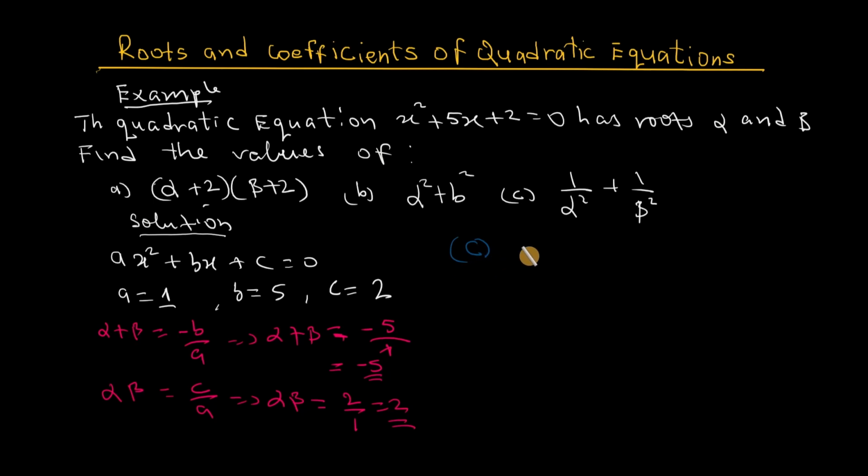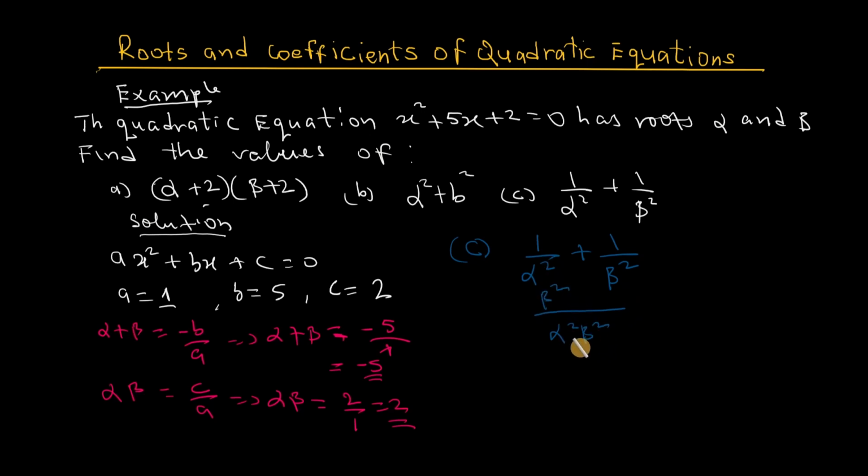C, we need to look for the value of 1 over alpha squared plus 1 over beta squared. We need to express this in terms of alpha plus beta and alpha beta. To do this, let us look for the LCM. Here the LCM will be the product alpha squared beta squared. Alpha squared goes to alpha squared beta squared, beta squared times 1 is beta squared.